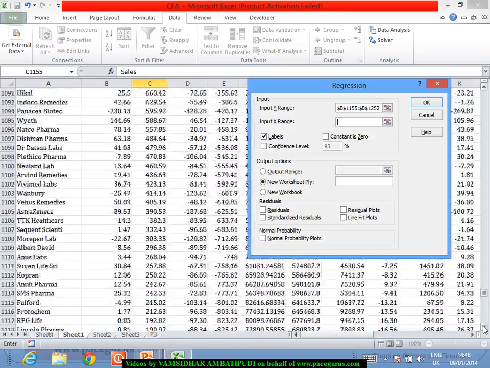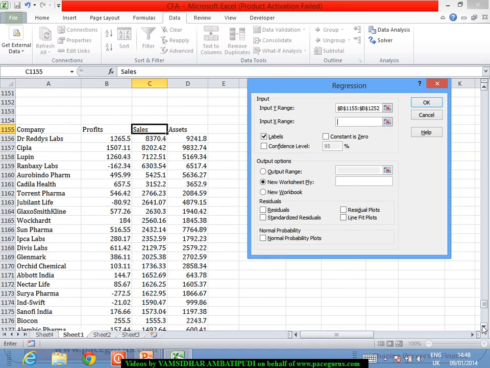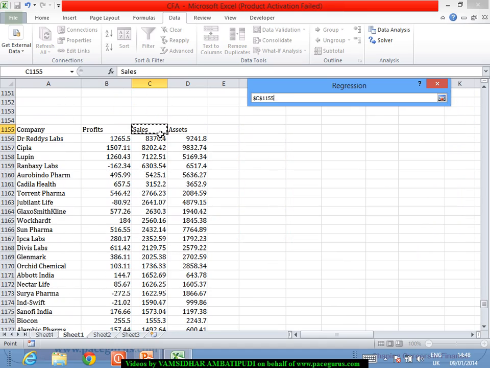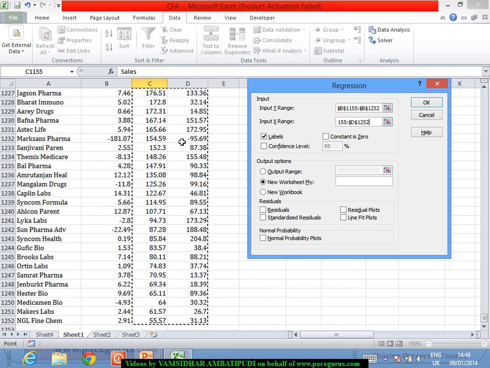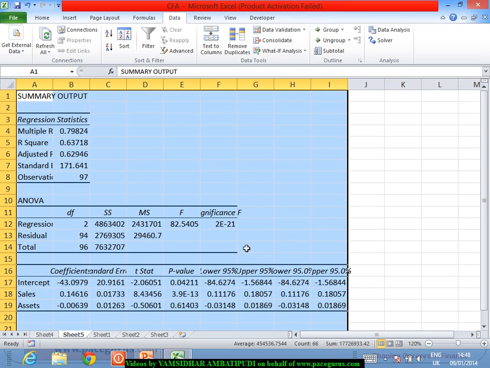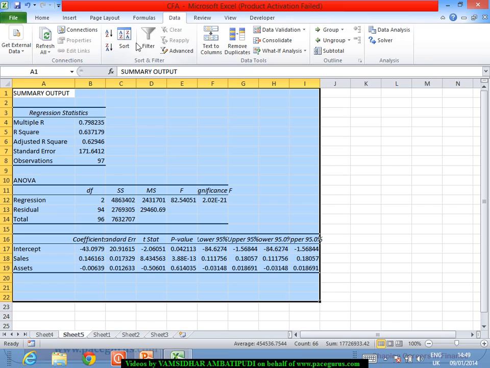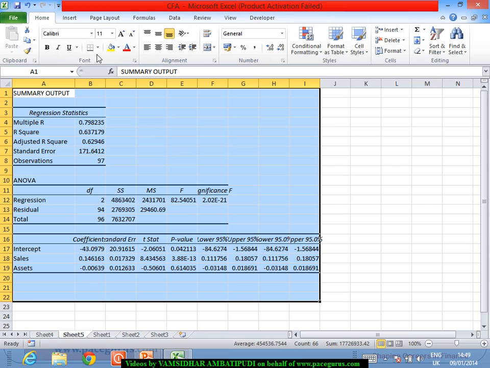Anything above 1, we call it a multiple regression model. So I will consider the sales as well as assets, two of those variables. And when I am trying to do some kind of regression analysis on top of them, these are the values that are coming up. So I need to have a mechanism to interpret these values.